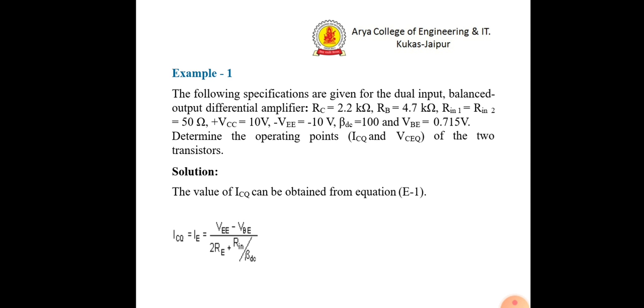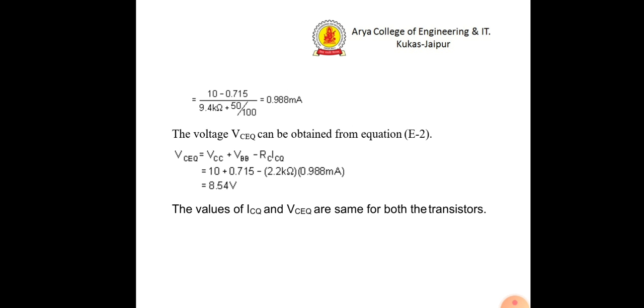According to the equation derived in the last lecture, we already have the value of ICQ given in the form of the voltage drops upon the value of the resistance. Substituting the values given in the numerical, we find that the collector current comes out to be 0.988 milliampere.